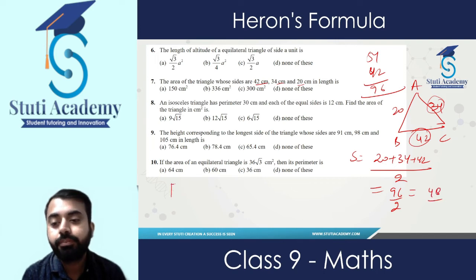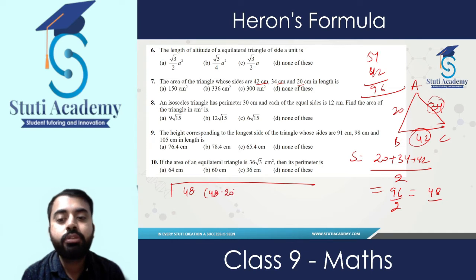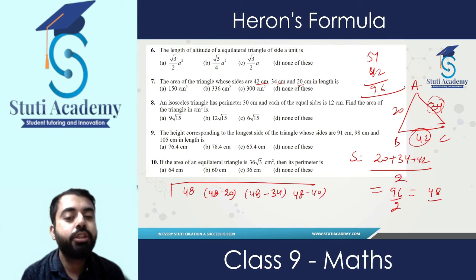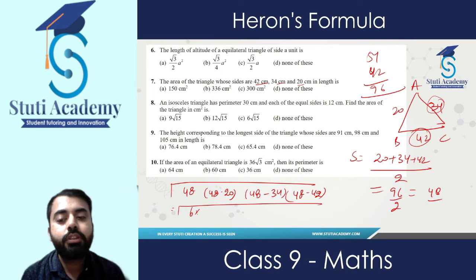So area is root of 48 into 48 minus 20, 48 minus 34, 48 minus 42. Right? It will be what? 28, that means 4 into 7. 14, that means 7 into 2. 6, that means 6 only.